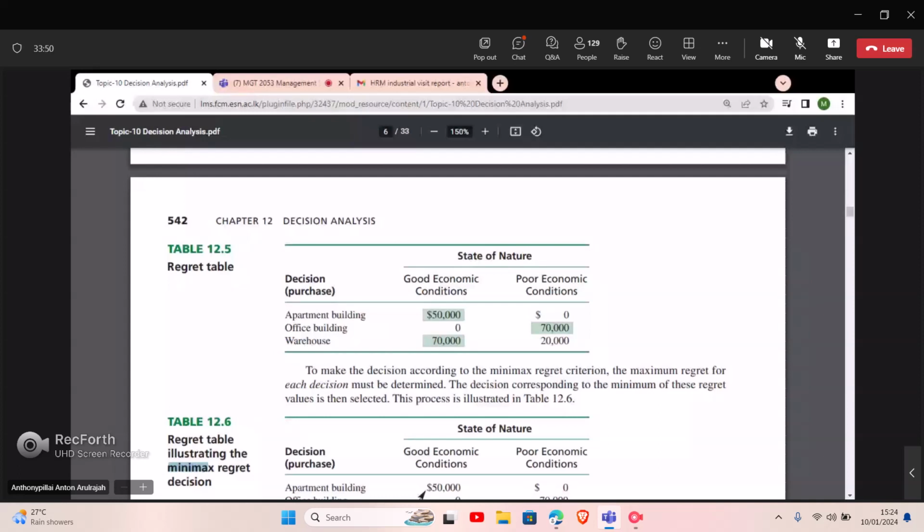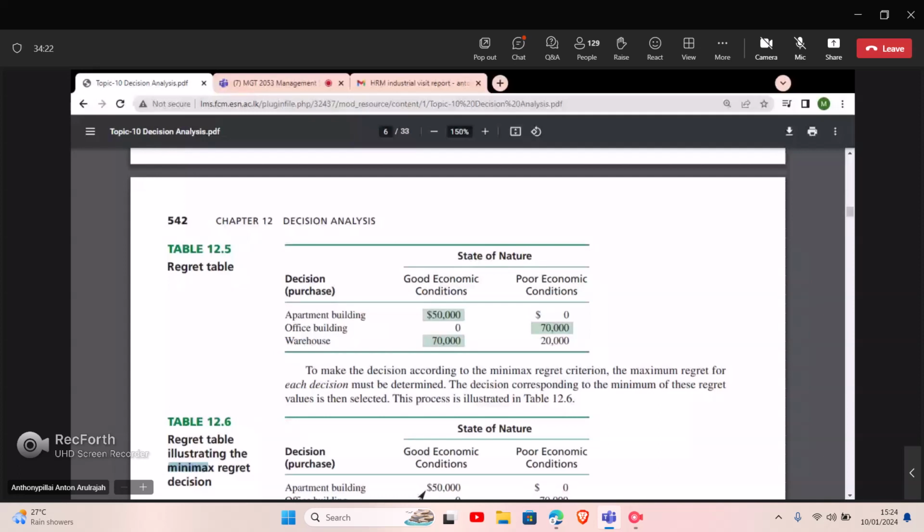So the minimax regret criteria. Minimax means we have to produce a regret table. The regret table is the difference between the payoff from the best decision and all other decisions.